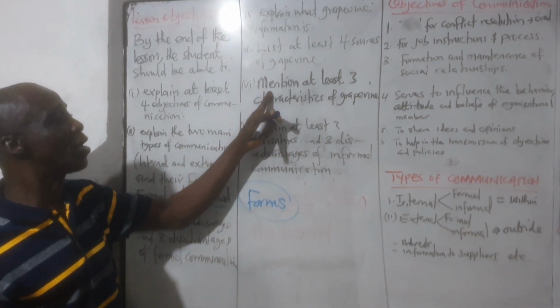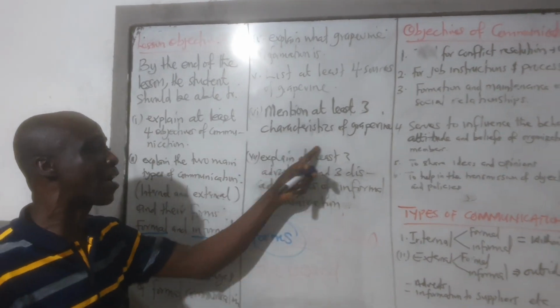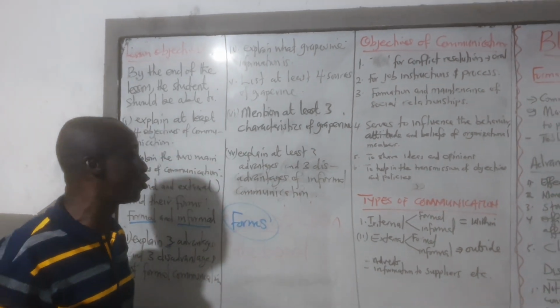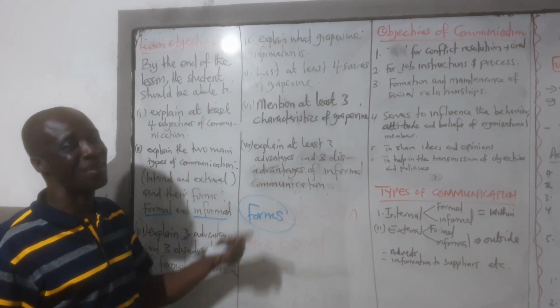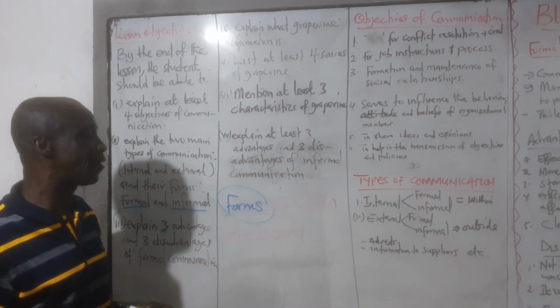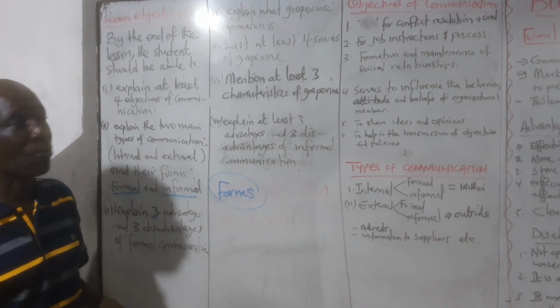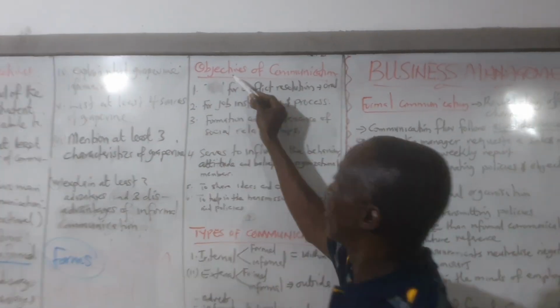Then you should also be able to mention at least 3 characteristics of grapevine information. And then you should also be able to explain at least 3 advantages and 3 disadvantages of informal communication, or the grapevine. So let's look at it.